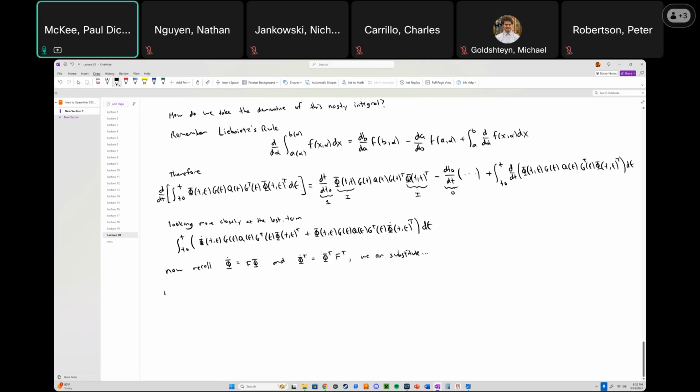So P dot of t is equal to f of t phi t naught to t, p t naught, phi t t naught transpose, plus phi t naught to t, p of t naught, phi t naught to t transpose f transpose, plus we've got this term up here, 1 times I times G Q G transpose.